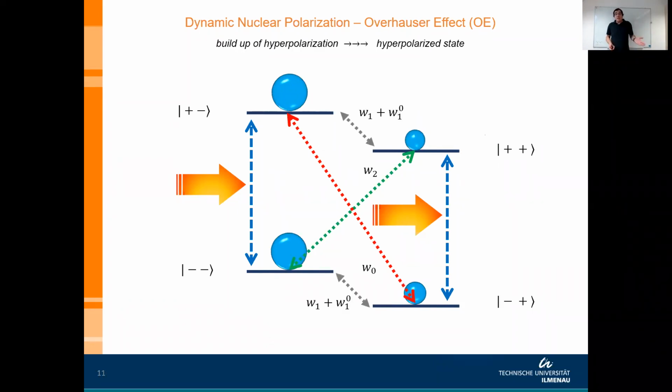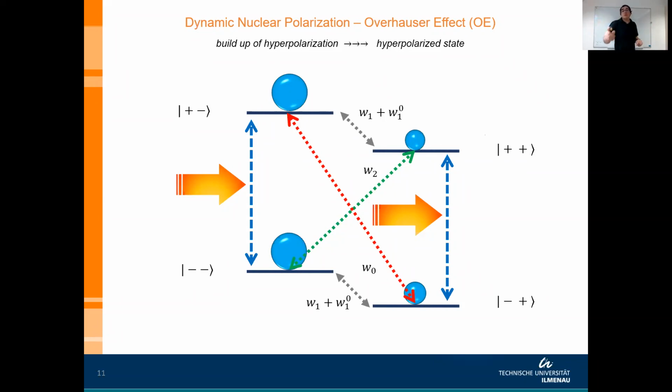But okay, during this irradiation the system evolves and reaches a steady state, where there are transitions between levels. The W1 is the transition of the nuclear system, mediated by this electron nuclear interaction.